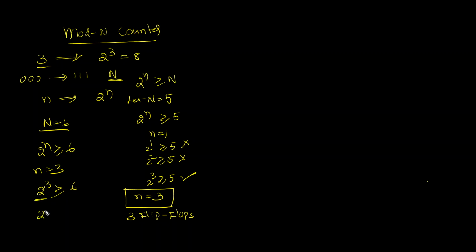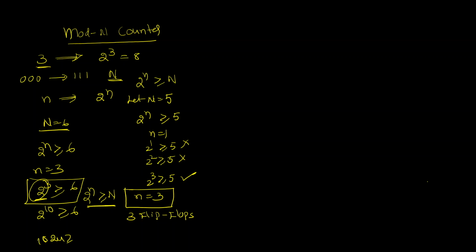Don't say that 2 power 10, which is 1024, is greater than 6. We have to seek the minimum possible value which satisfies this condition. So 2 power n should be greater than or equal to capital N.